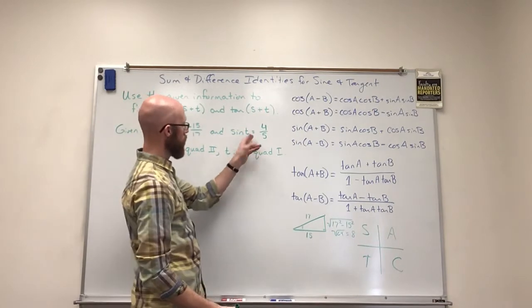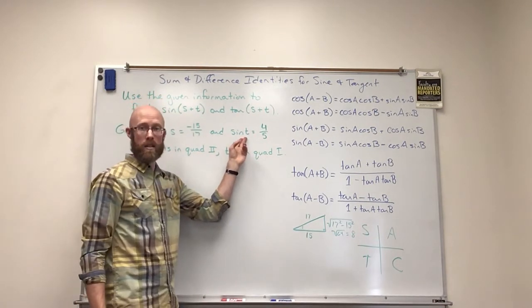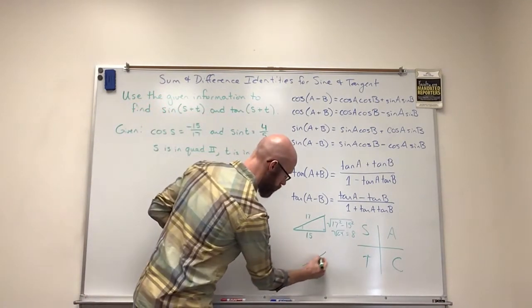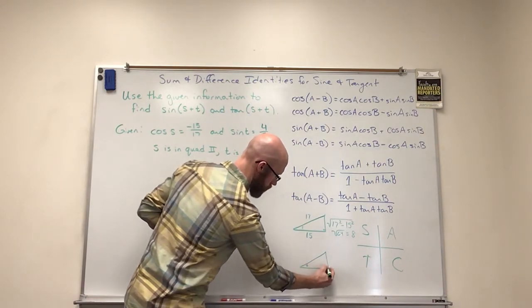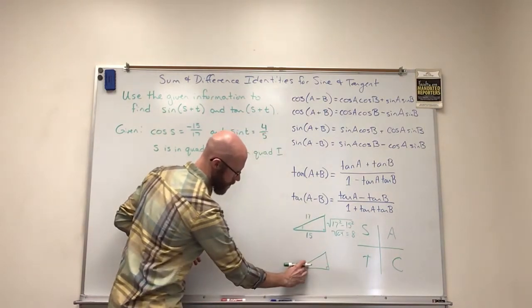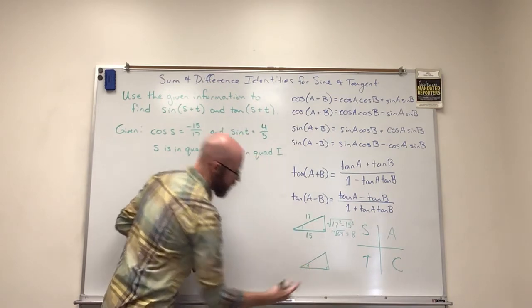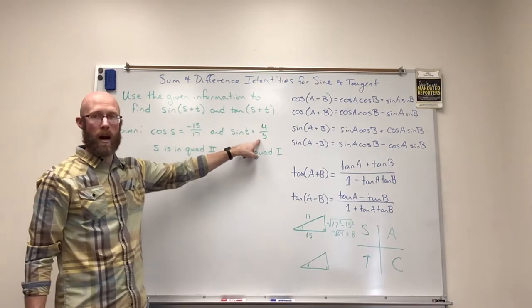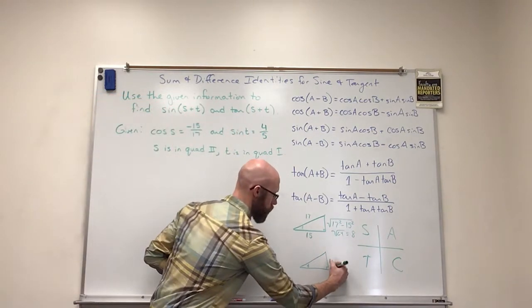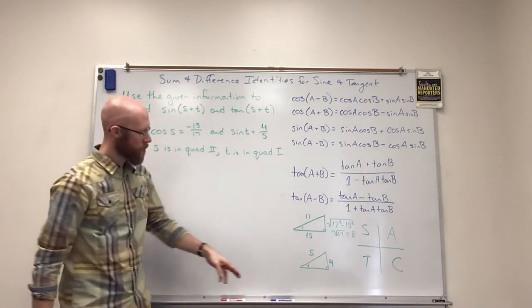In a similar way, I can work with angle T. I can throw that into a right triangle as well. Throw angle T in there. And I know that the sine is opposite over hypotenuse, so the opposite side is 4, the hypotenuse is 5.